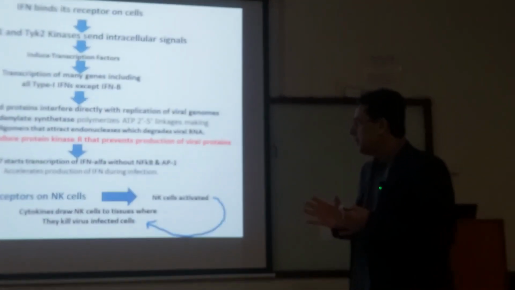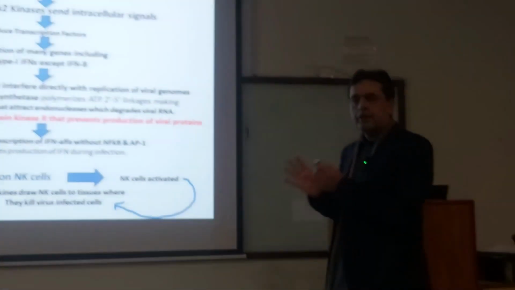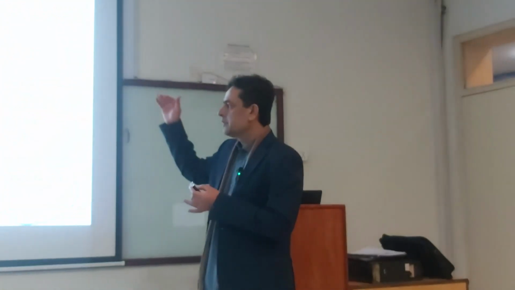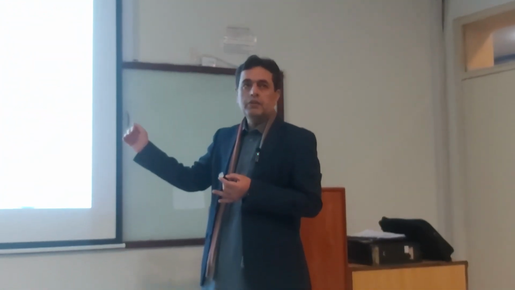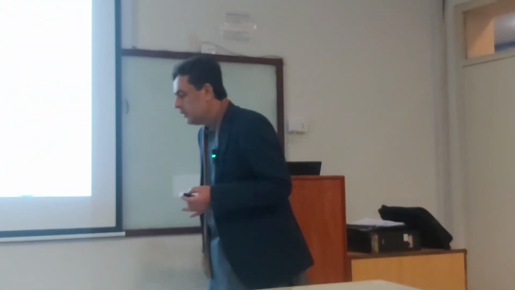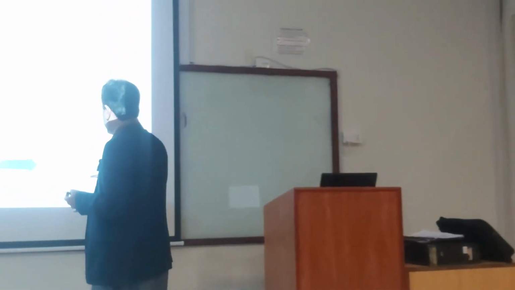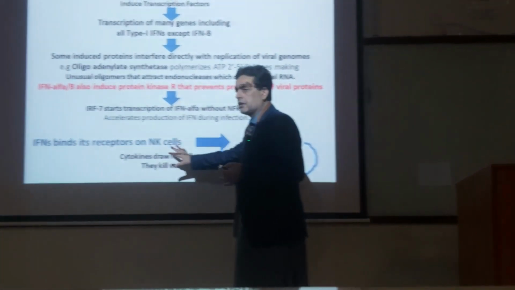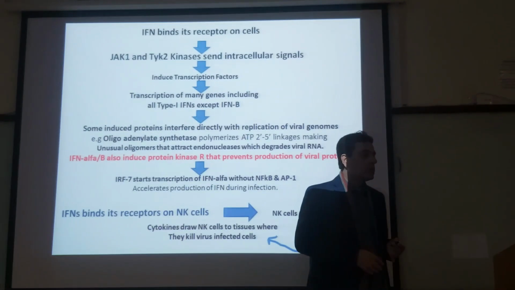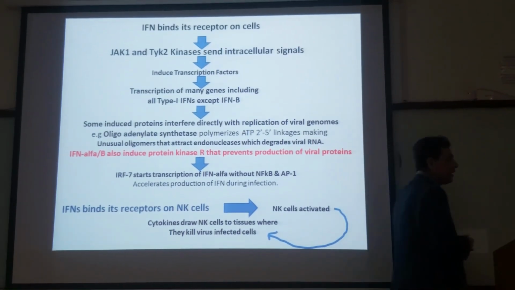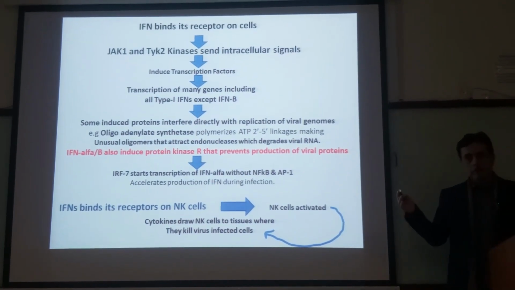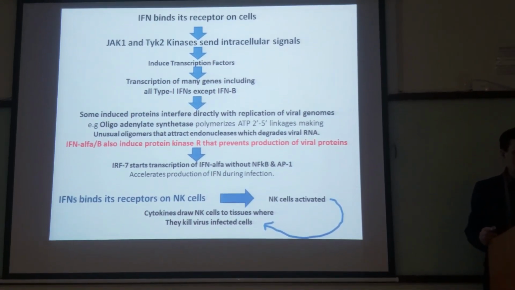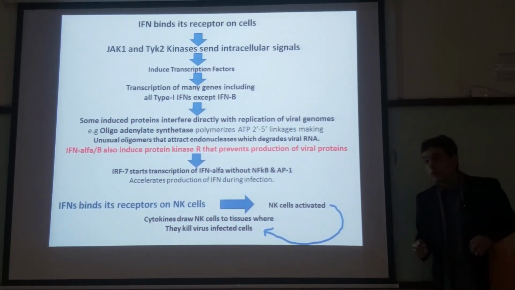So the basic rule is activation of these natural killer cells by these interferons that are produced in this process of infection, and these activated natural killer cells then would go and kill the viral infected cells.